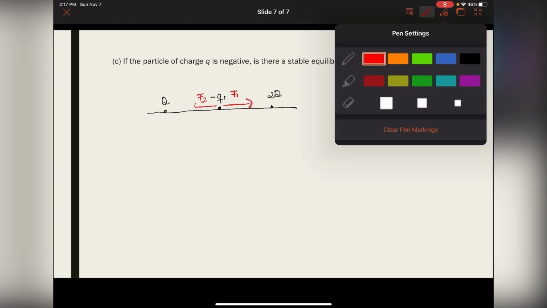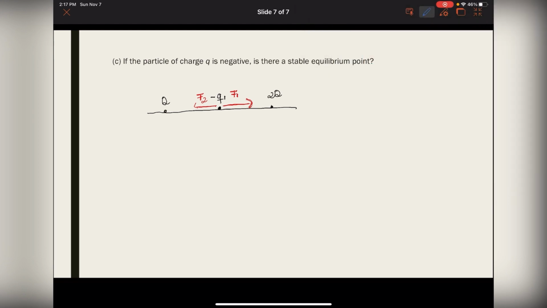So let's do that. Now let's look at the forces acting on the 2Q. Negative Q prime and the 2Q will attract each other. Because of Newton's third law, this force should be equal to the other force, so I will call this also F1.